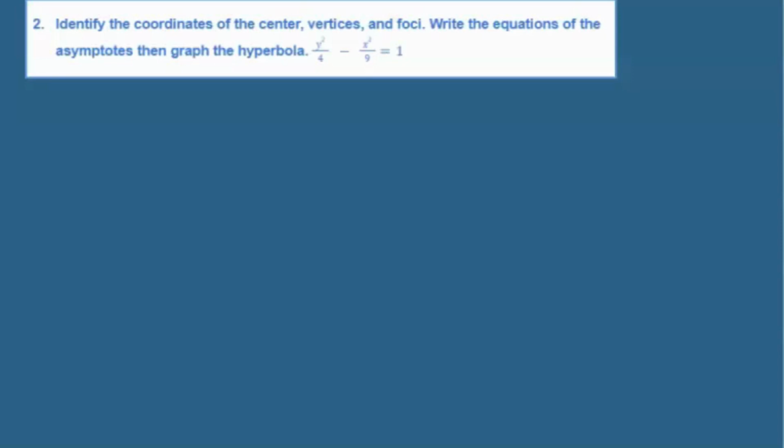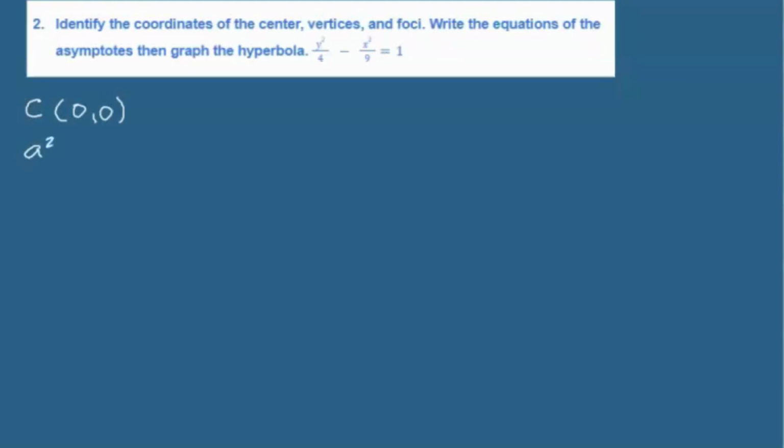Since y squared is positive this time, 4 is our a squared, and this hyperbola is a vertical one, which means it will open upward and downward. And since we're just given y squared and x squared, the center is at 0, 0.